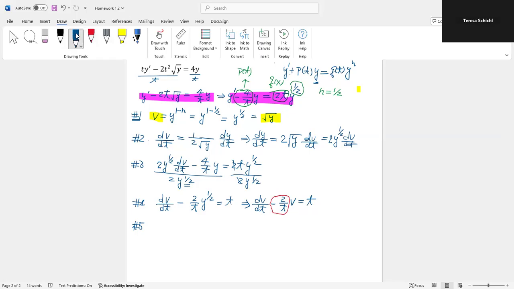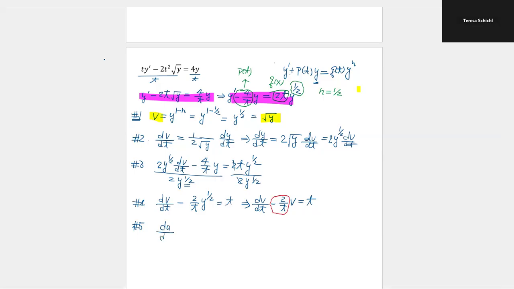Just like we did before, we find du/dt equal to negative 2 over t times u. When solving for u, we move the u over here, so this is du over u, equal to negative 2, and move dt over there, over t.